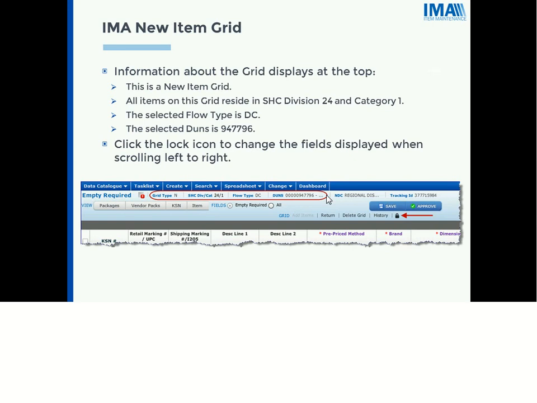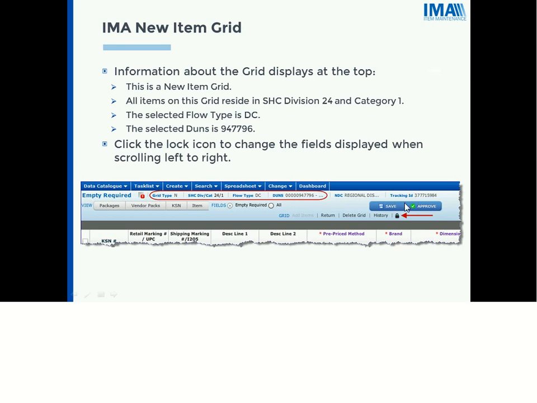If any of that information is incorrect, the only way to fix it is to actually delete your grid, which you would do right here, and that will return your items to your task list. And then you have to go back to your task list and recreate the grid with your items. And in that setup screen, you have to select the correct information. So that's how you would correct this information up here at the top if it is not correct.